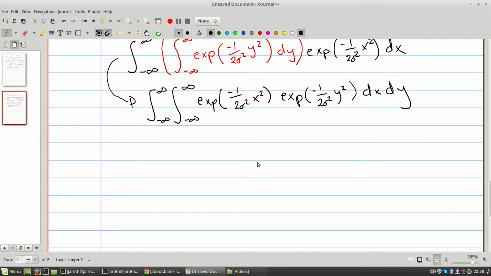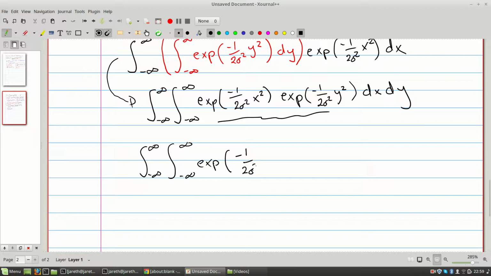And then after this step, what we want to do is expand this term. Again, we have the same term there, and we can write this as just the exponential of minus 1 over 2 sigma squared x squared minus 1 over 2 sigma squared y squared dx dy.